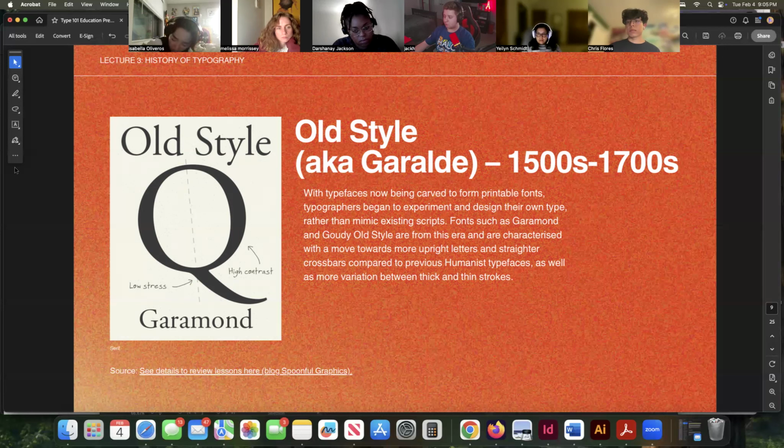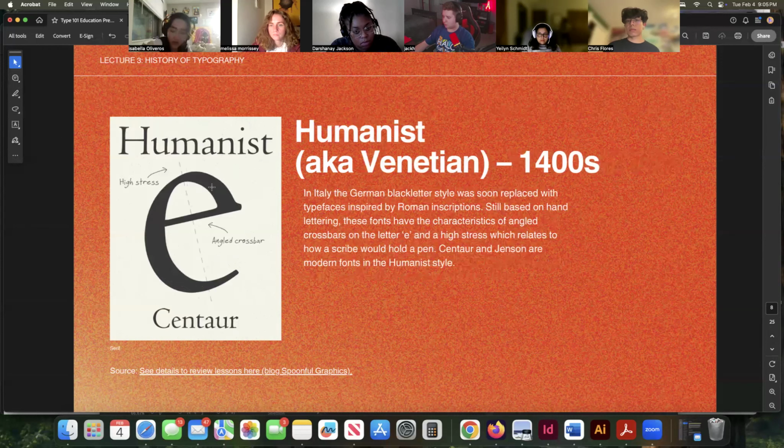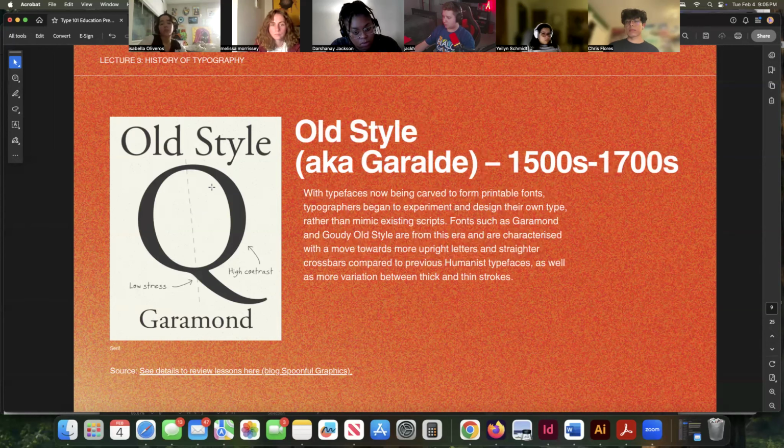Fonts such as Garamond and Goudy Old Style are from the era and are characterized with a move towards more upright letters and straighter crossbars compared to the previous humanistic typefaces, as well as more variations between thick and thin strokes. As you can see by the line from this one to that one, they're similar, but a little bit different.